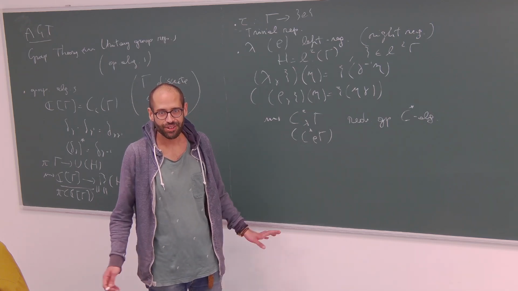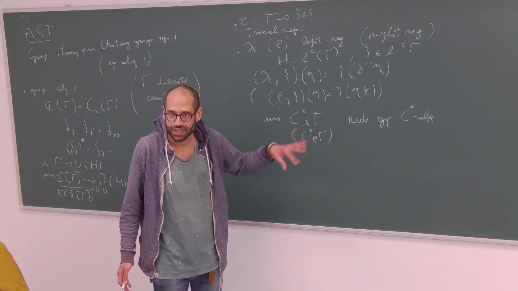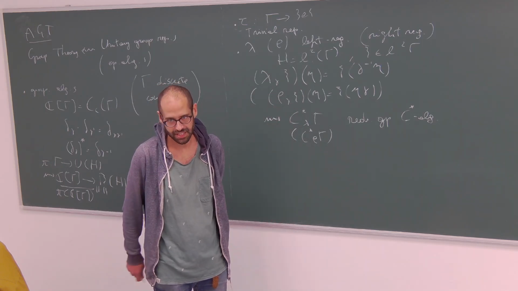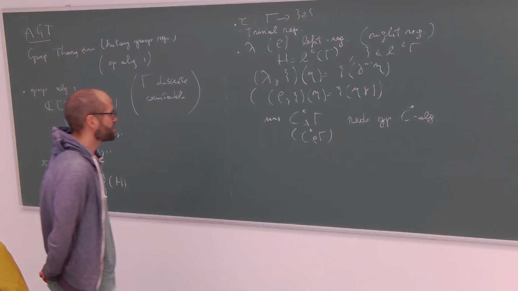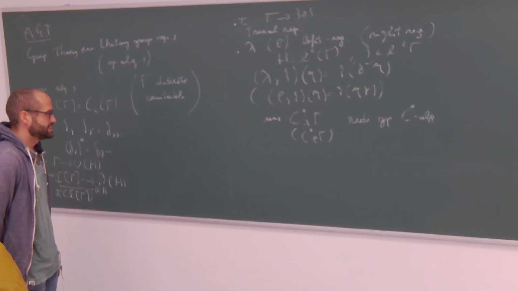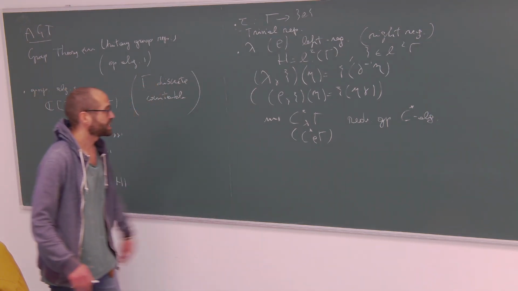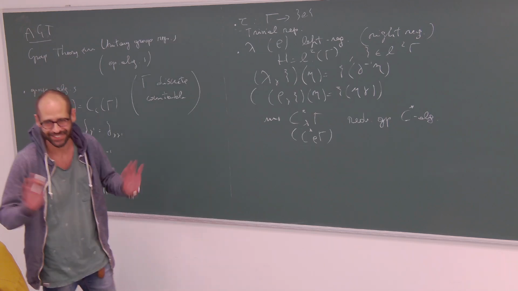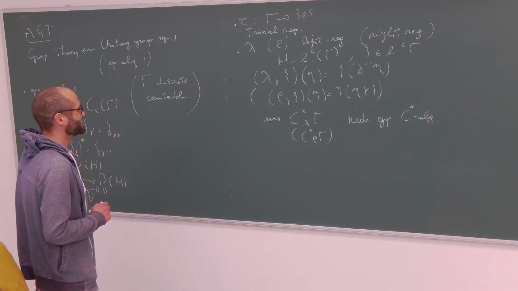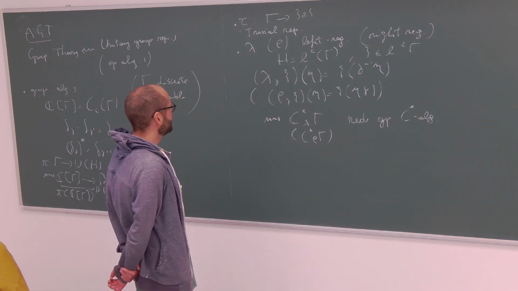And if you don't have Haar measure, you don't know exactly what to do in order to have a continuous group representation. So this is the main problem. In some cases you have some representations that you know, but I don't want to go into much detail here. I will always consider discrete countable groups in this case.